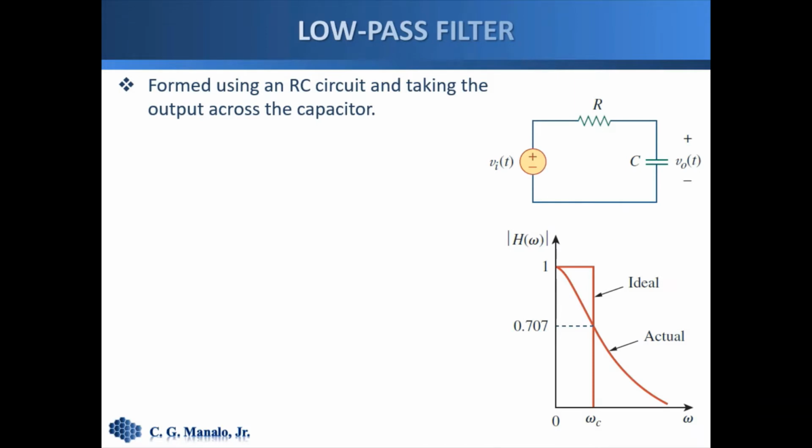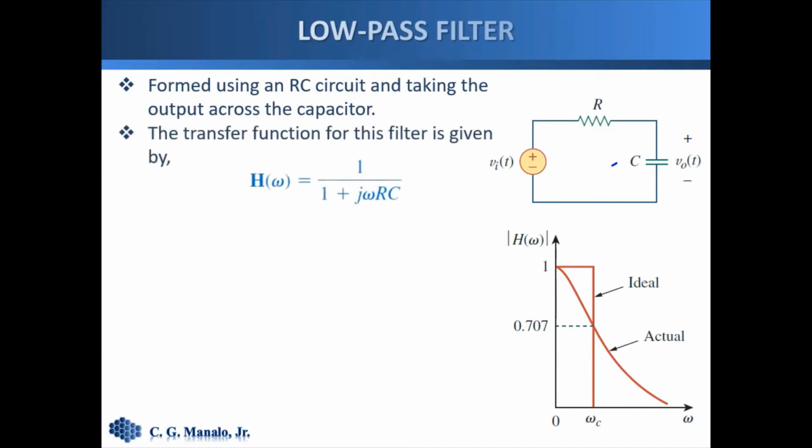A low-pass filter can be formed using a series RC circuit where the output is taken across the capacitor. This filter has a transfer function equal to this. That transfer function has a simple pole at negative 1 over RC.